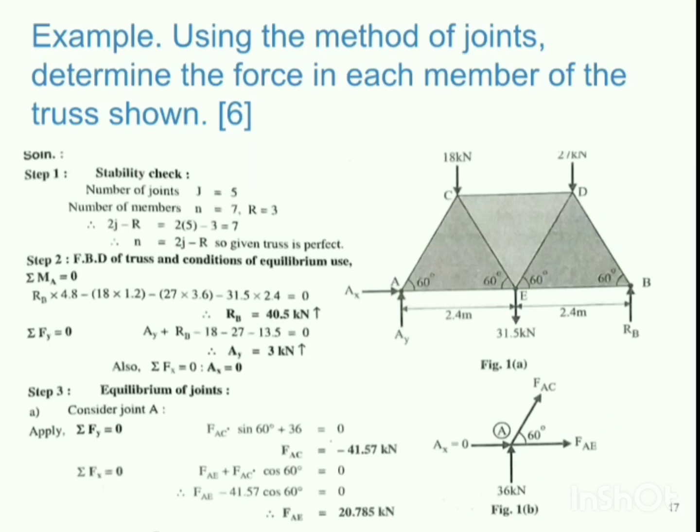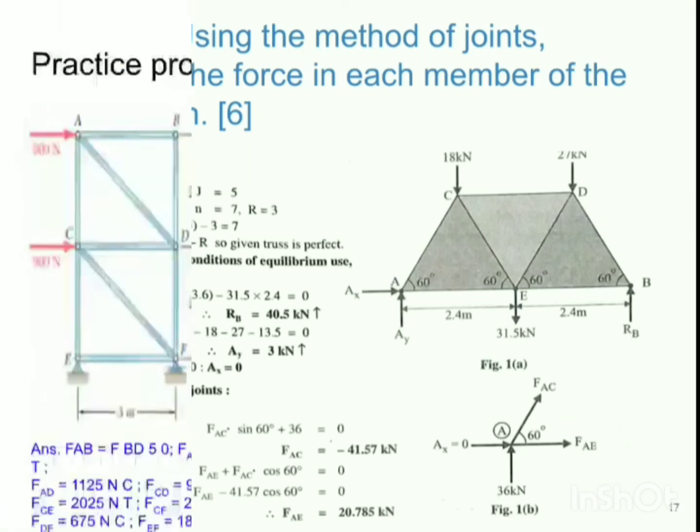And we have to proceed in the same way, go on isolating the different joints present in the truss which satisfy the condition, and then apply summation Fx and Fy on those joints only to find out the unknown member forces. Now we have assumed the direction of the unknown member forces to act away from the joint.